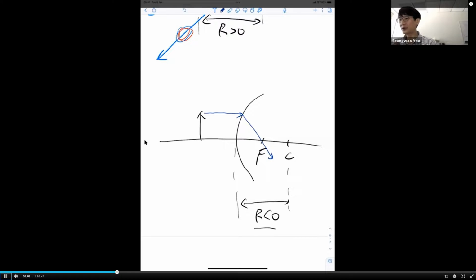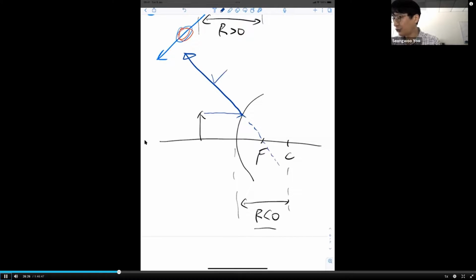So I can't draw this line. What I'm going to do is introduce a dashed line again, through this focal point, and extend this dashed line like this. Then this becomes my reflected ray, bounced by the convex mirror.